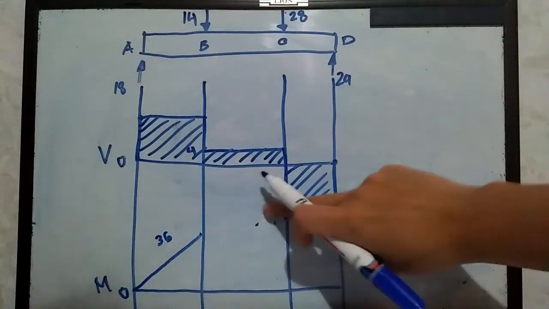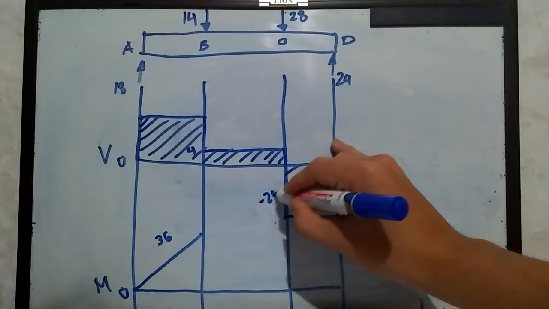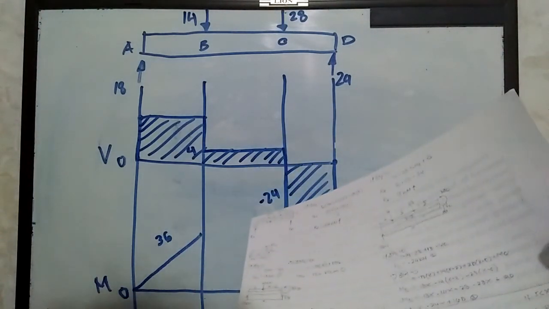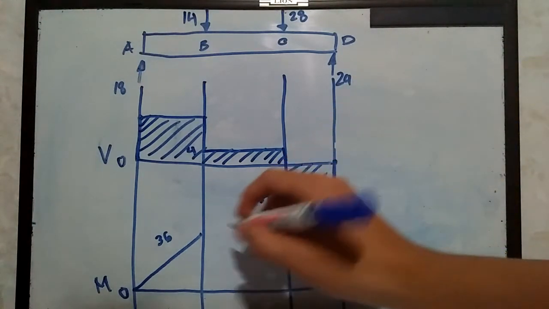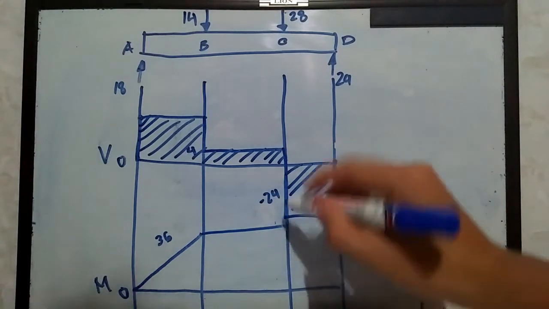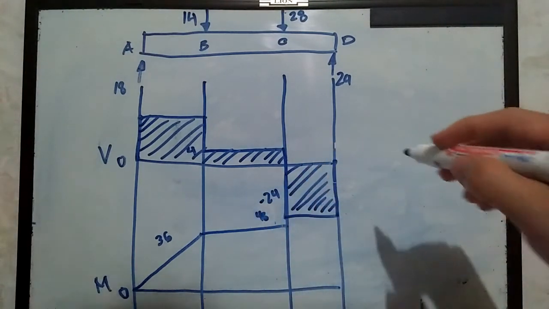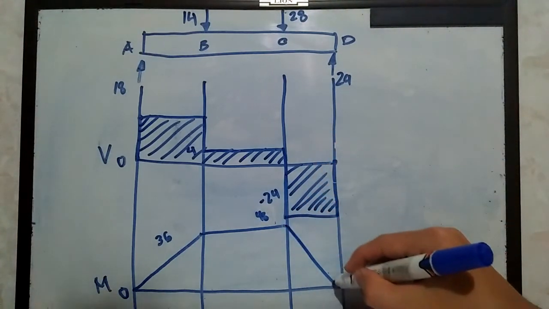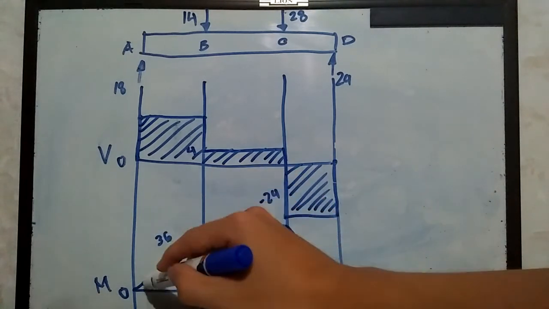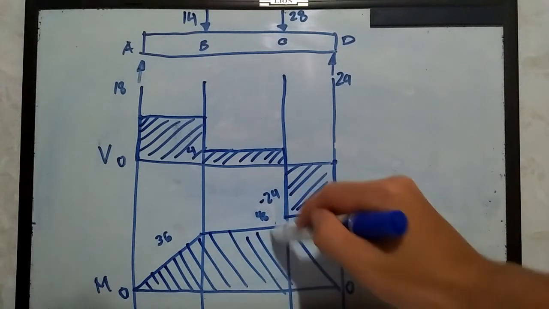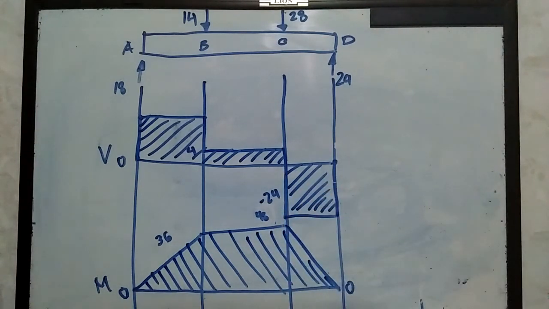And then from B to C, it managed to go up to 48 kilonewton meter. So this is 48. And then from 48 kilonewton meter all the way to 0, it came back to 0. So this is the bending moment diagram for this beam. So that's what you call the shear moment diagram.